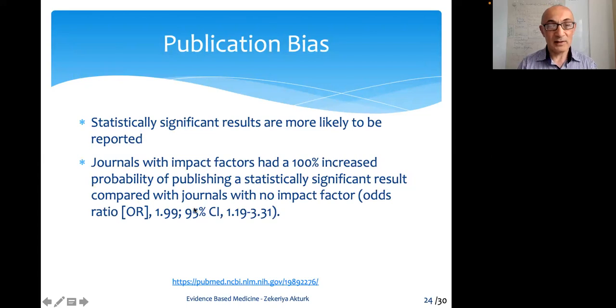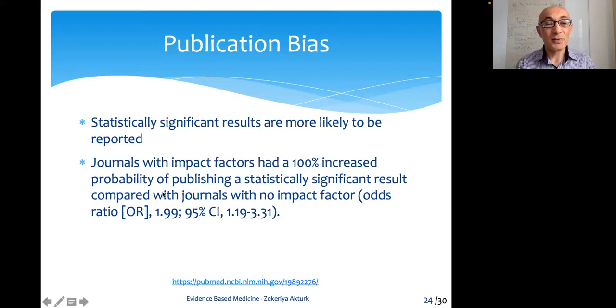You see, there is a study here on journals with high impact factors. There are journals that have some impact, that are cited more frequently, compared to some scientific publications that do not have impact factors and publish whatever they find.